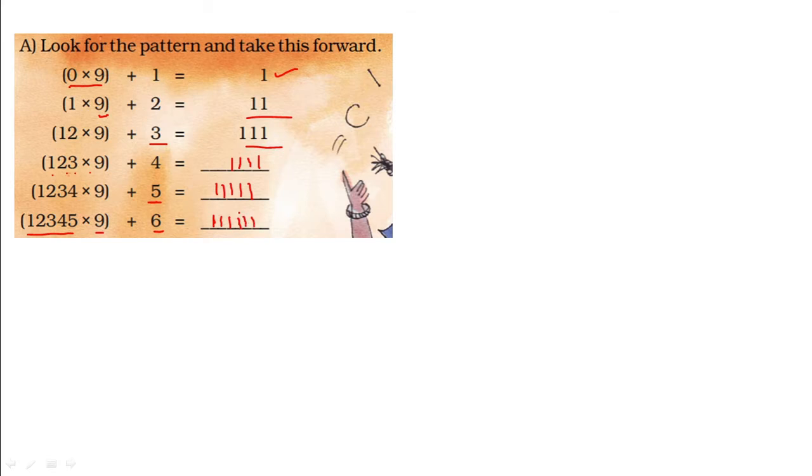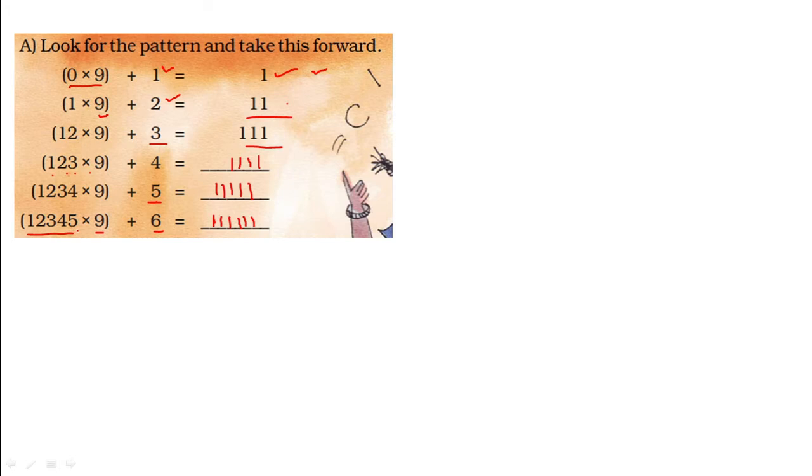So what you have observed, the number we are adding here, that many times 1 here. I am adding 2 here, so 1 and 1. I am adding 3, so 1, 1, 1. I am adding 4, 1 plus 1 plus 1. So the number I am adding, that times 1 will come in the answer. So this is the pattern. You can further extend this pattern.